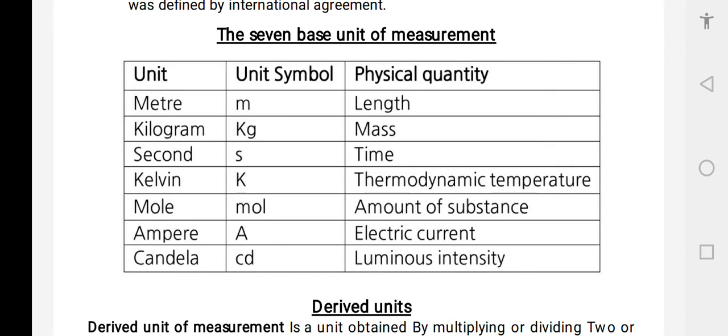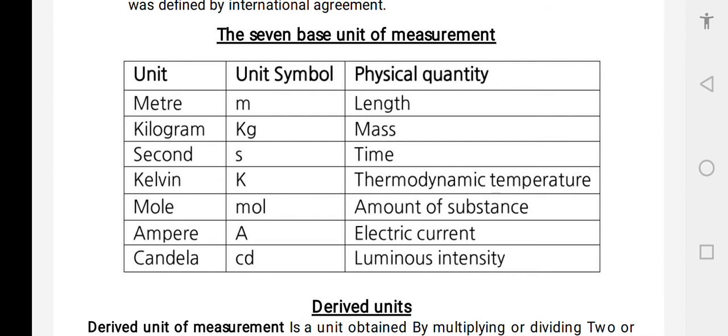There is what we call standard units or SI units. When we say SI units or standard units, we mean the units that were agreed upon. There are so many units that we can use to measure, for example, some of the quantities that we're able to see here, but here we are speaking of one.